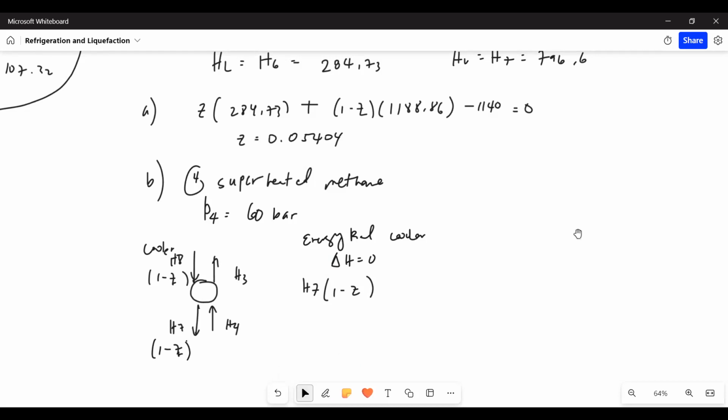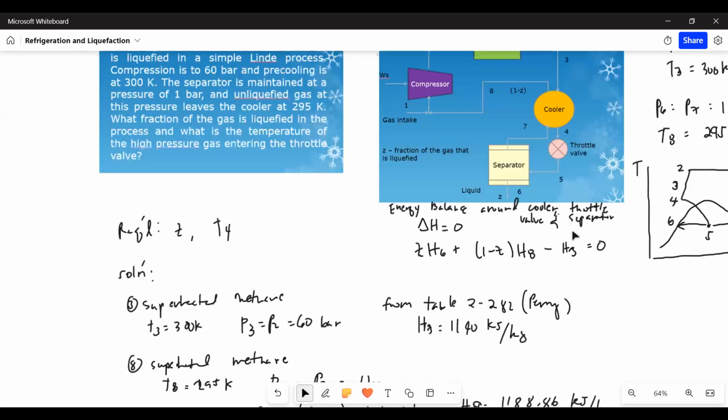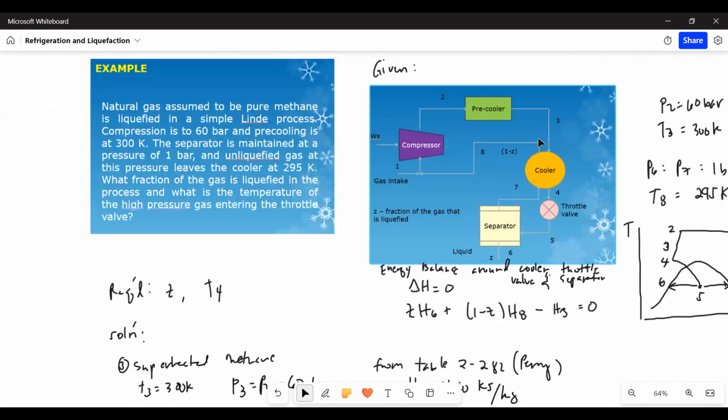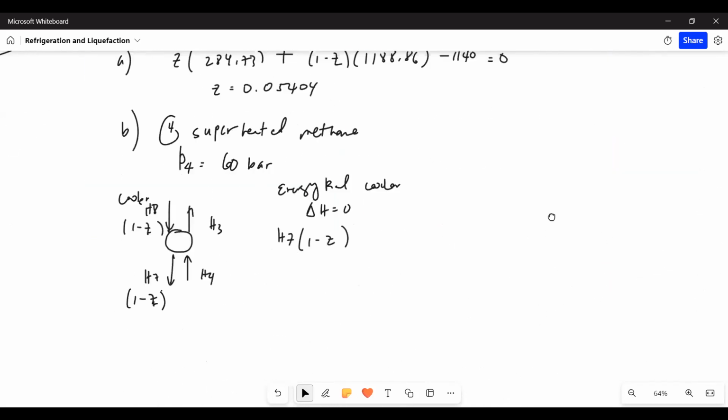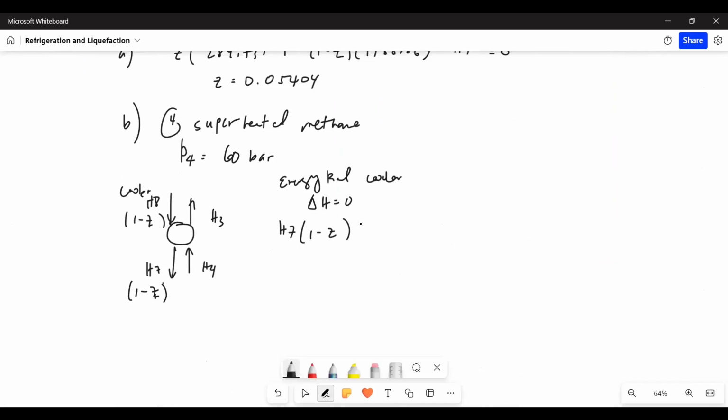Again, this is the cooler, considering the mass fraction, so these are the exiting H7 and H3, minus the entering streams, H8 times 1 minus Z, minus H3, equals 0.